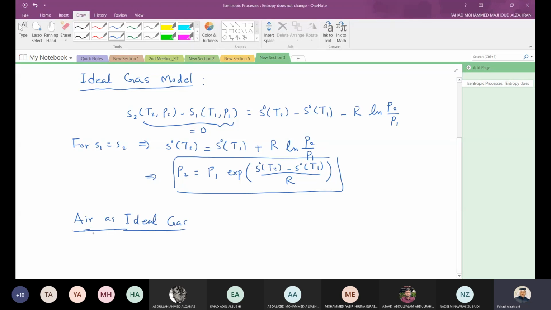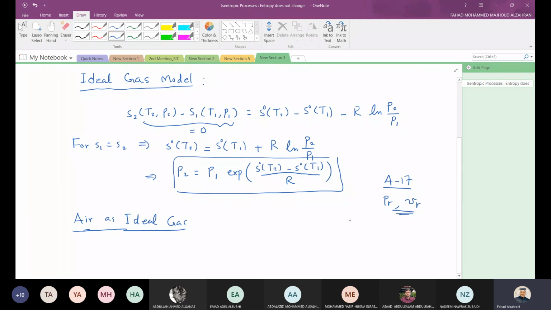If I give you air, tell you to consider air as an ideal gas, and tell you it's an isentropic process, then if you go to table A-17, you will see something called PR and VR.